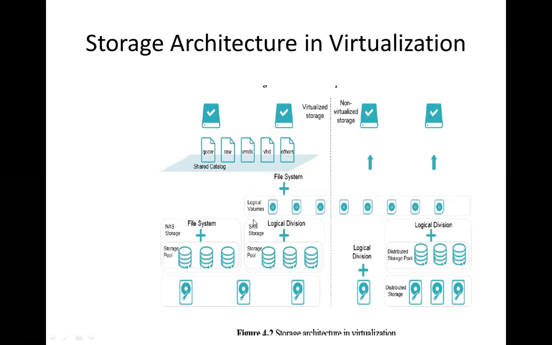What do NAS storage and SAN storage mean? NAS stands for network attached storage, and SAN stands for storage area network. Always remember, NAS is network attached storage, and SAN stands for storage area network. So these two are different things.